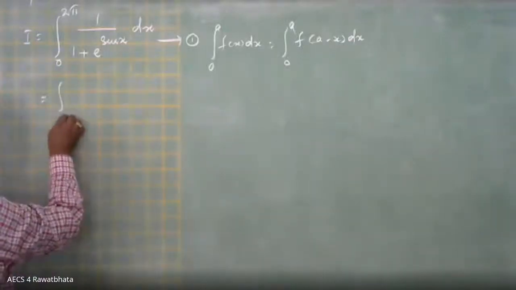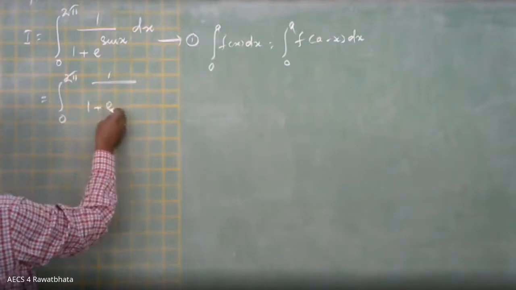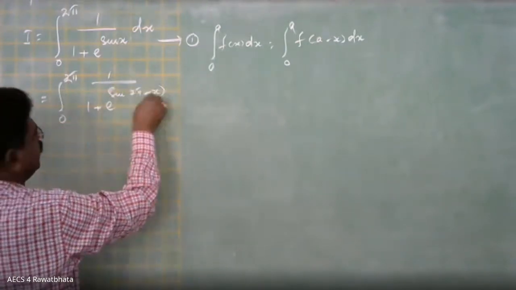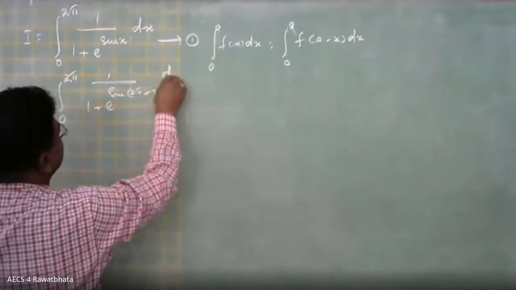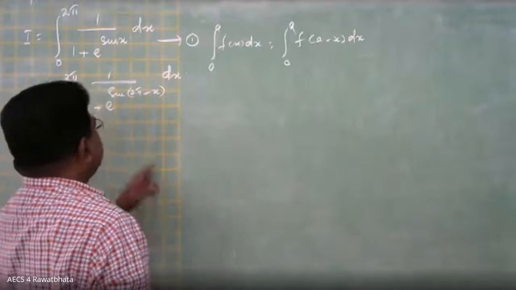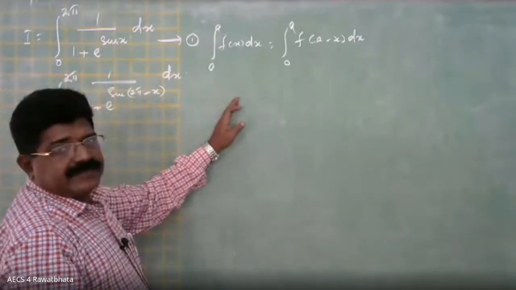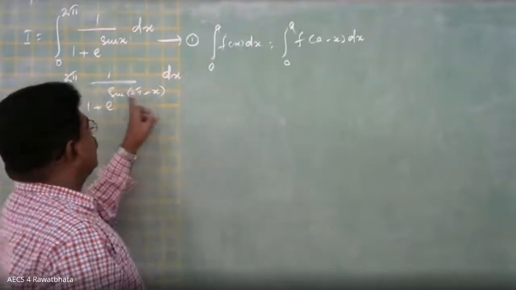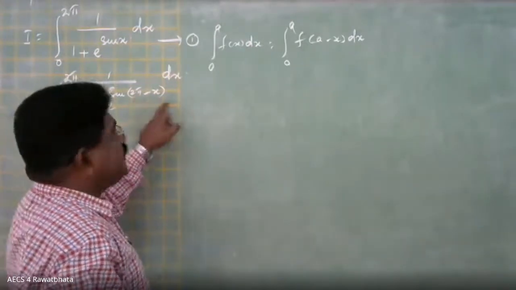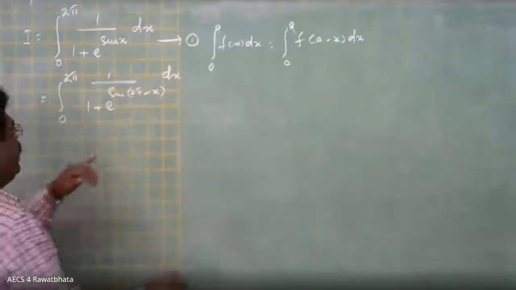Now I is equal to the integral from 0 to 2π of 1 by 1 plus e raised to sin(2π minus x) dx. Here sin(2π minus x), using sin A cos B minus cos A sin B, or directly, is minus sin x.